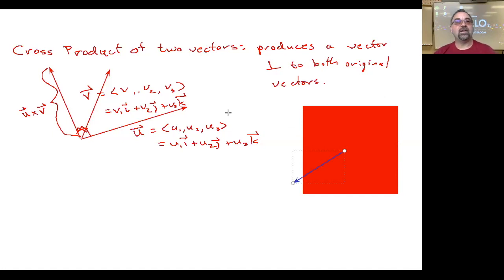So even if you're in the XY plane, u and v are coplanar no matter what. You just have a 0 for one of those three coordinates, either v1, v2, or v3, depending on which plane you're in. If you're in the xy plane, then obviously v3 and u3 are 0, but you still put them in.